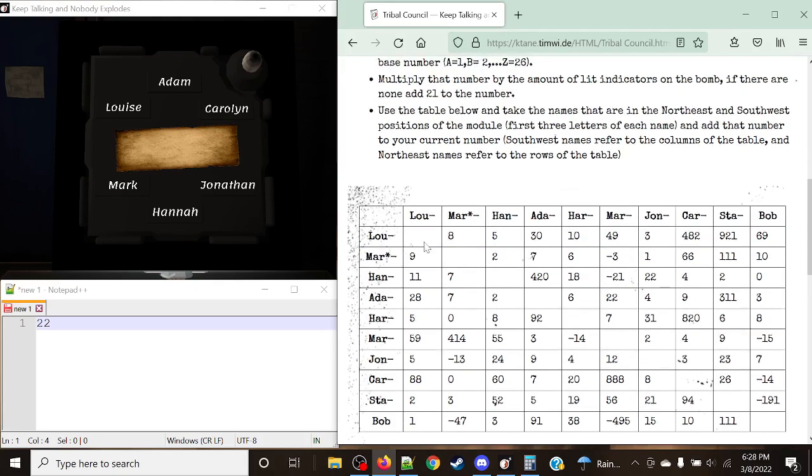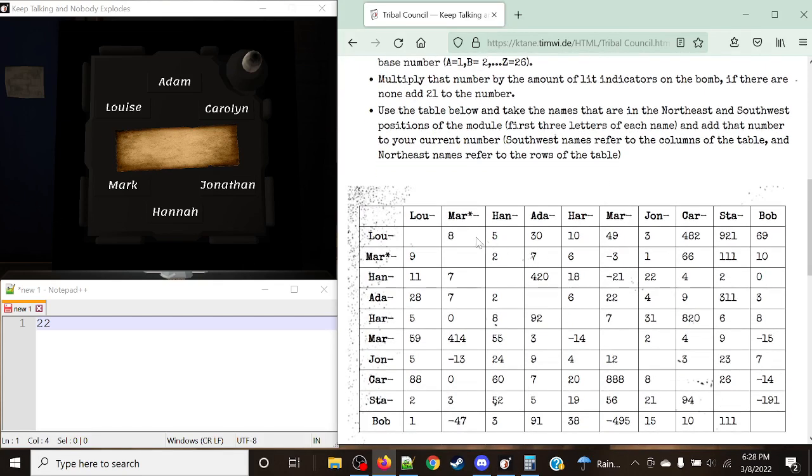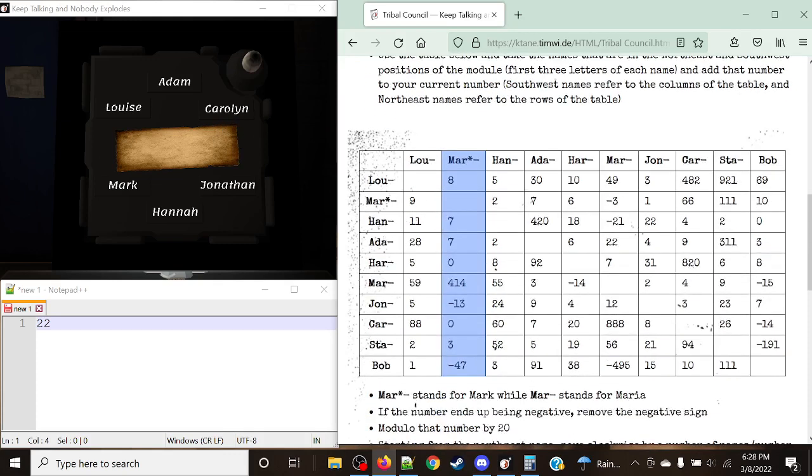We add the number we get from the table to our current number. Southwest refers to the columns, and northeast refers to the rows. Southwest is Mark, so Mark is our column, and northeast is our row, which is Caroline, or CAR. We're simply adding nothing in this case.